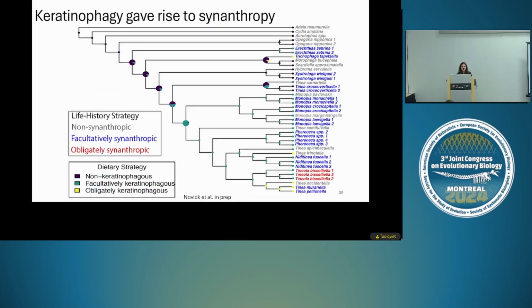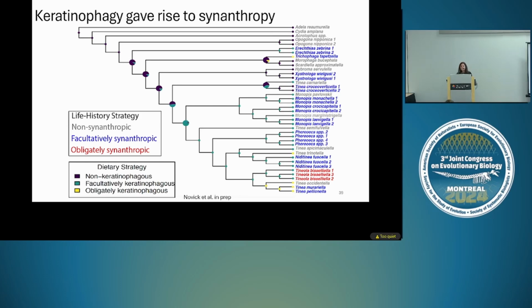So finally, I did an ancestral state estimation to assess support for my hypothesis that synanthropy is associated with keratinophagy. First, the species name colors denote synanthropy status, and the node colors and the pies denote estimated dietary strategy. And it appears that the ancestral dietary strategy for the Tineinae subfamily, at least, was most likely facultatively keratinophagous, and the majority of species in that subfamily are at least facultatively synanthropic.